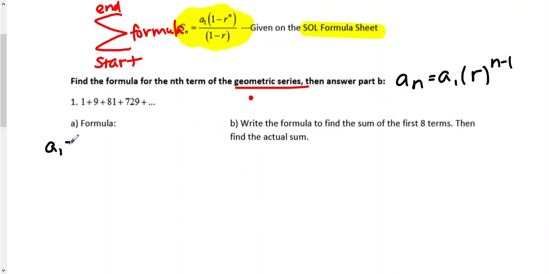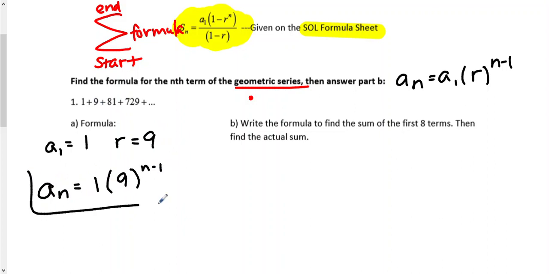So a sub 1 equals the number 1, r equals 9, because that's what I'm multiplying by each time. So a sub n equals 1 times 9 to the n minus 1.